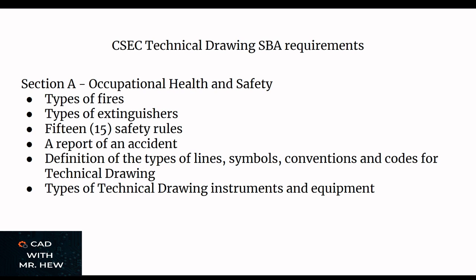These objects can represent a building, a mechanical part, a piece of furniture, or an idea. Could be a design. So the candidate is expected to show the different types of lines and explain their uses.